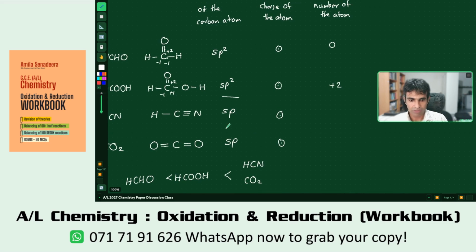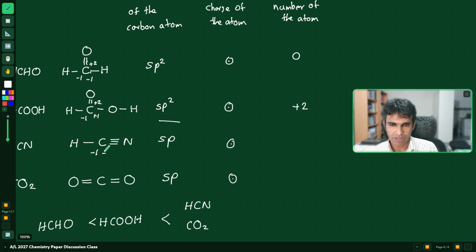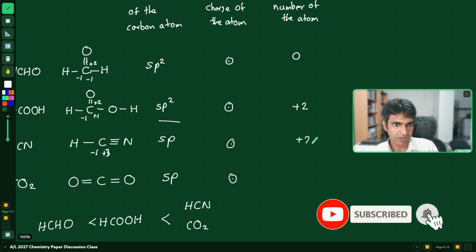So, what about hydrogen cyanide? Due to this carbon-hydrogen bond, oxidation number of carbon atom is -1. Electronegativity of nitrogen atom is higher than the electronegativity of carbon atom. Therefore, electrons are attracted to the nitrogen atom. Therefore, oxidation number of carbon atom due to this carbon-nitrogen triple bond is +3. So, overall oxidation number is +2.